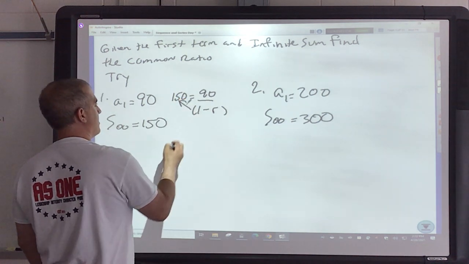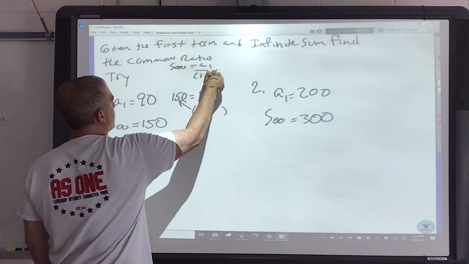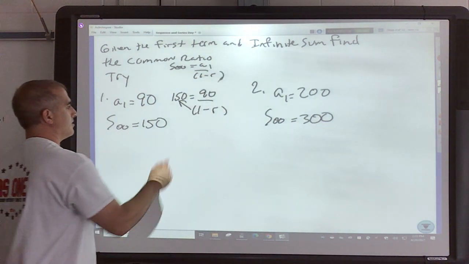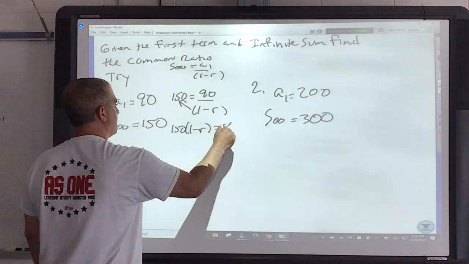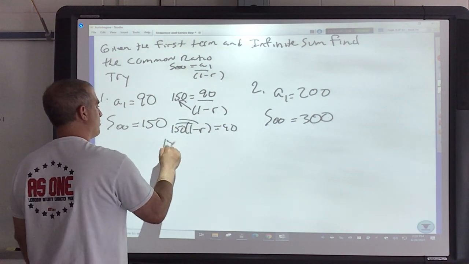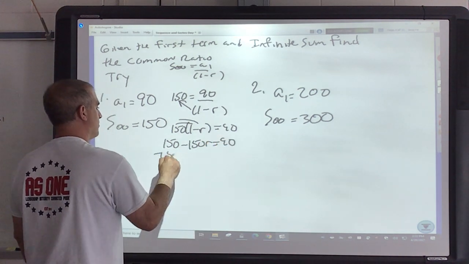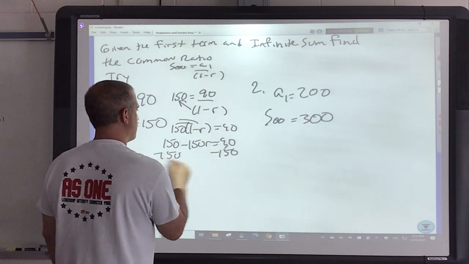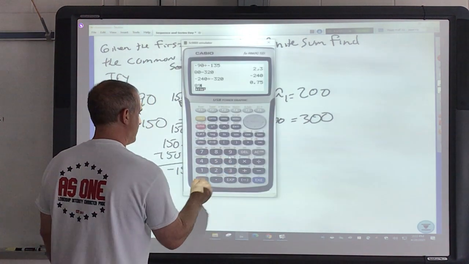Cross multiply that, because my formula, just so I don't have to keep writing this so we can speed the video along, would be my formula. So I got 150 times 1 minus R equals 90. Distribute that, that's 150 minus 150R. Subtract the 150 from both sides. I got negative 150R equals 90 minus 150.